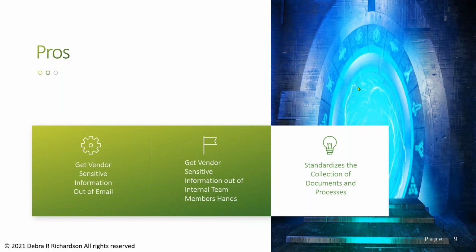And the biggest one, I think, is just getting that vendor sensitive information out of email. So if you have your vendor submitting supporting documentation directly to the vendor team, then you can use the portal to get vendor sensitive personal information out of email.